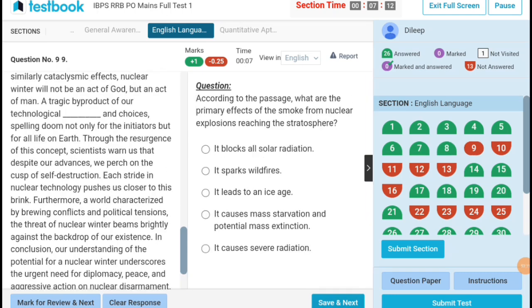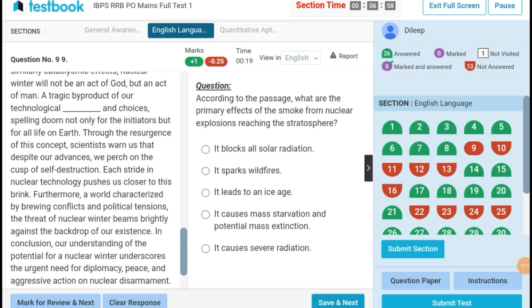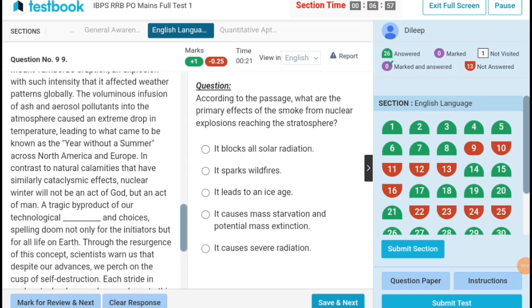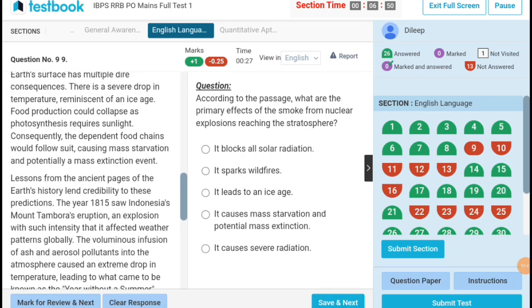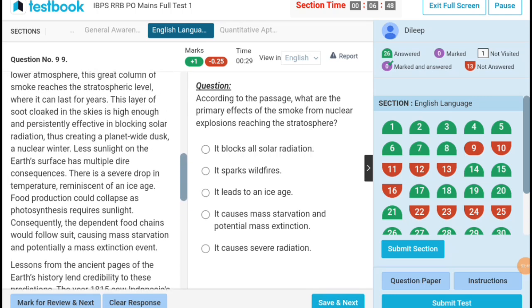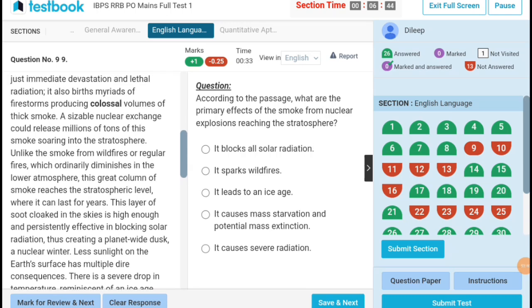According to the passage, what are the primary effects of smoke and nuclear explosion? Smoke soaring and nuclear explosion.